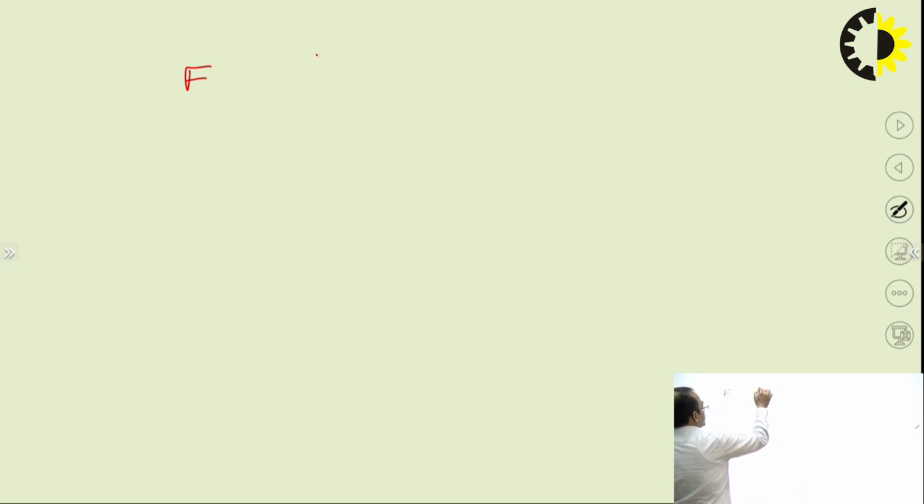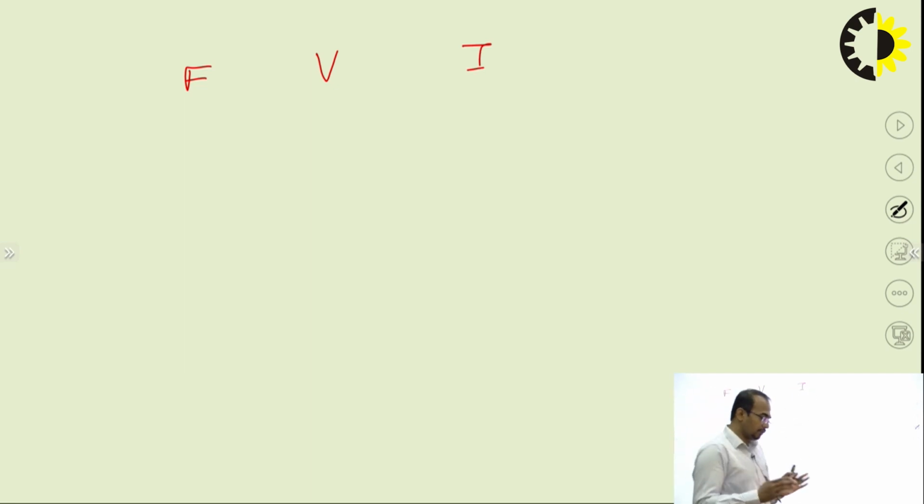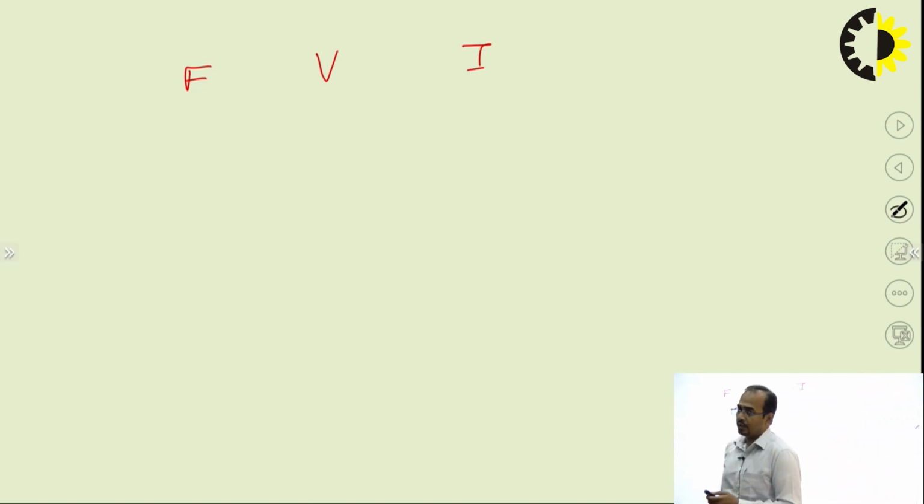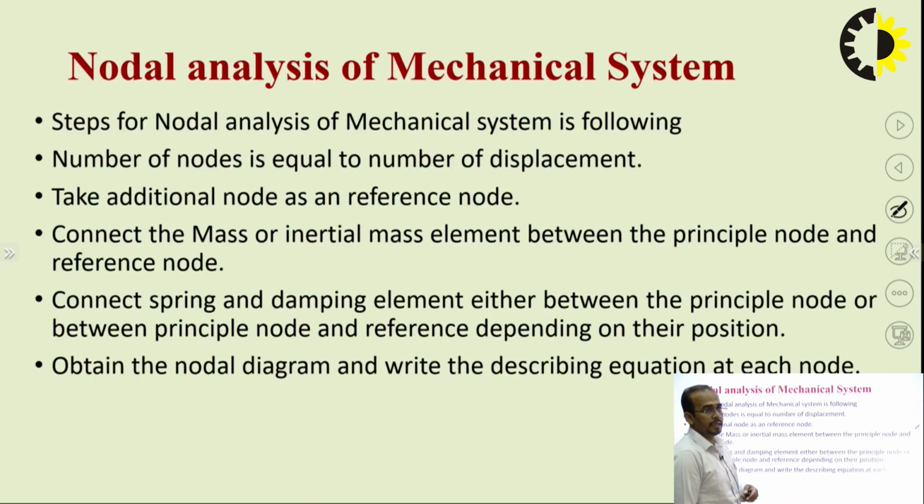Here I am drawing the force voltage analogy and the force current analogy. If I want to convert this force into voltage, or into current, what will be the exchange of values, and by which element will I replace the mechanical element?